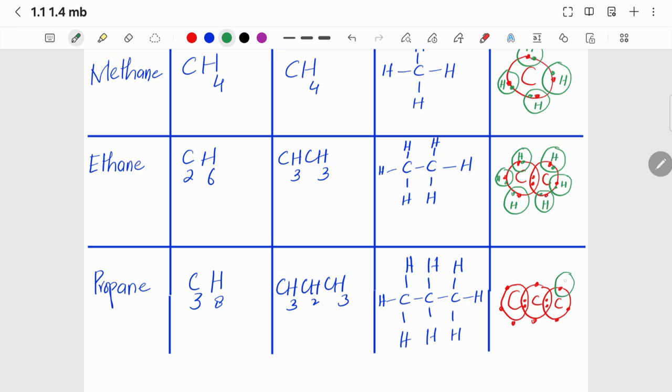Now let's draw the hydrogens, which will make covalent bonds with these electrons of each carbon atom. Let me draw it.